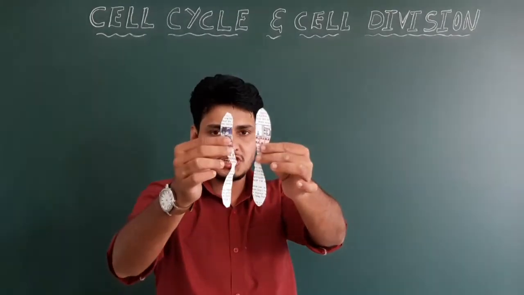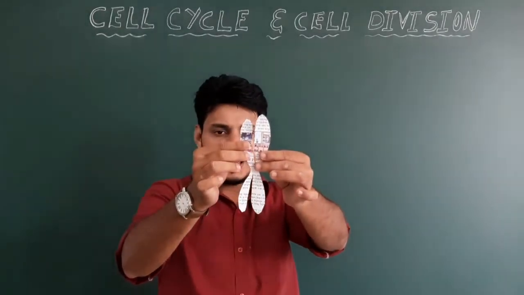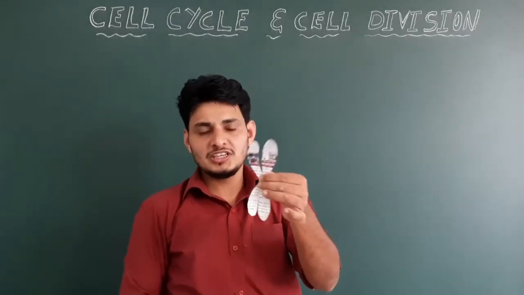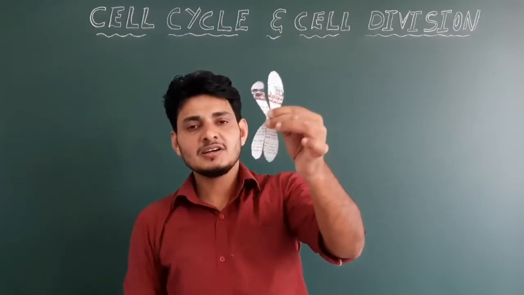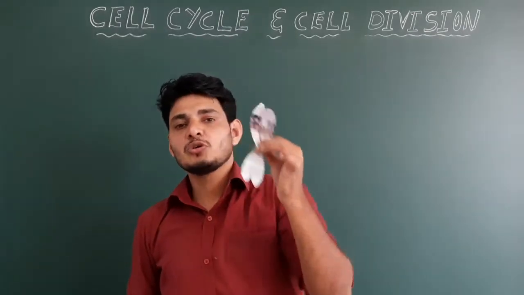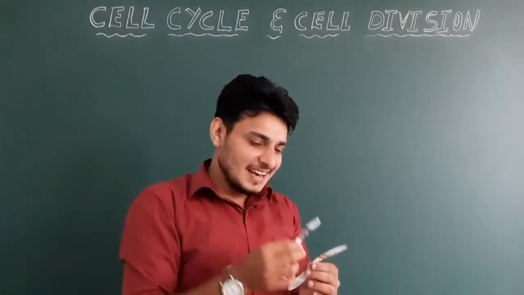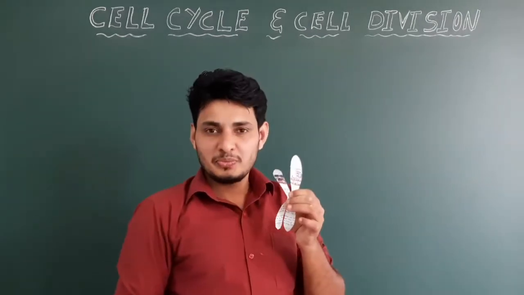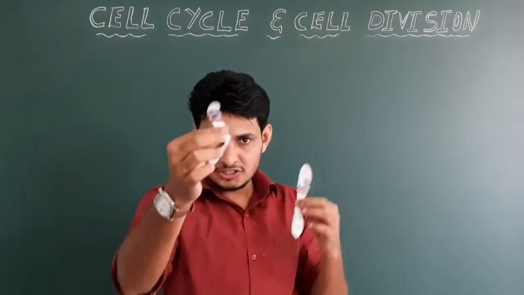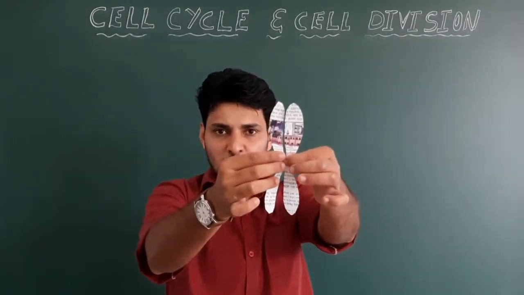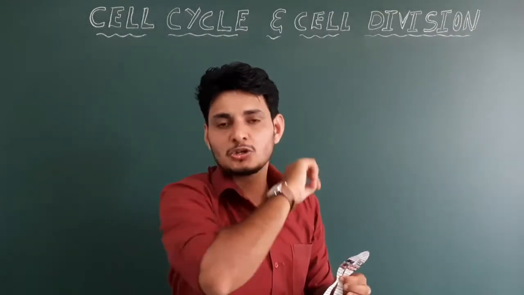So they make up the sister chromatids. Got it? So finally I can combine them. With the help of the centromere, which holds these 2 sister chromatids, it makes a perfect X-shaped chromosome. Understood? This is one chromatid, this is the other chromatid. Both are called sister chromatids if they are present in a single chromosome.